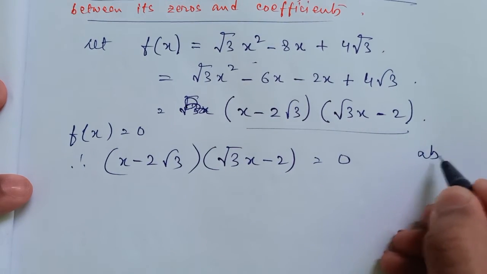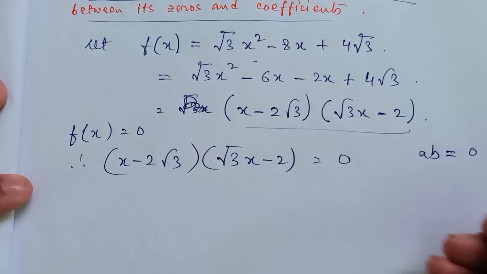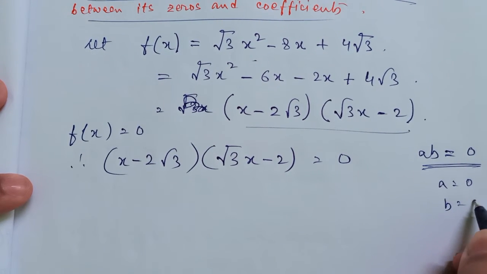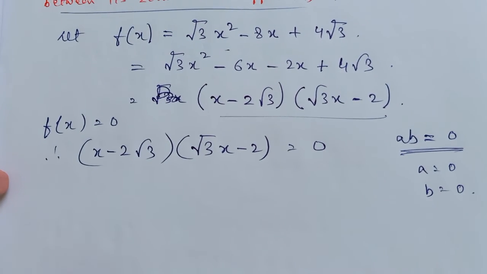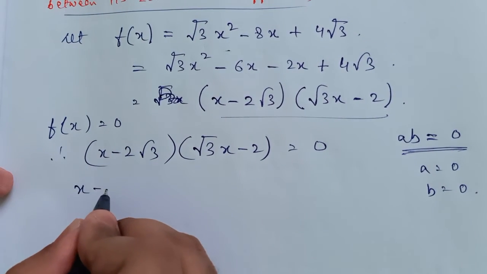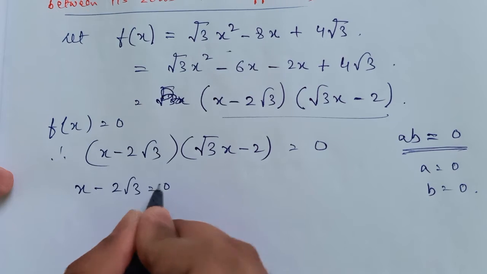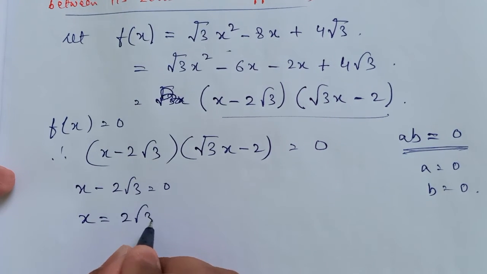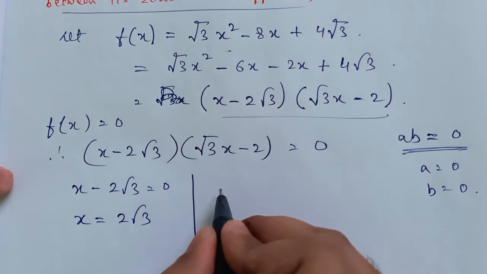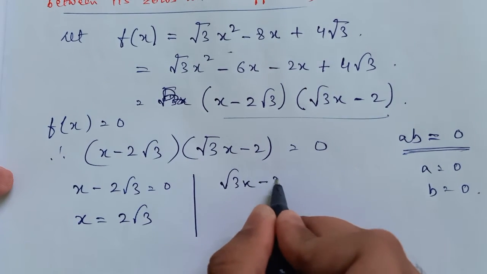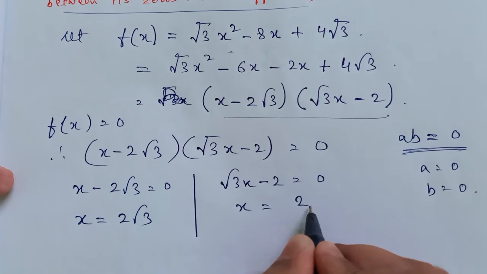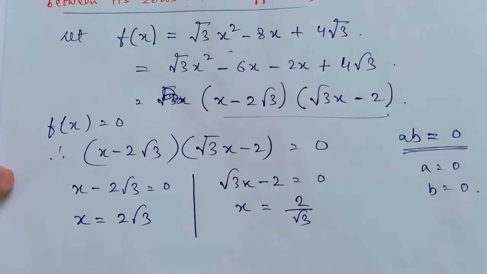And you already know the relation that if AB is equal to 0, then A is 0 or B is 0, right? So here x minus 2 root 3 is 0, and so you will get x equals 2 root 3, and also root 3 x minus 2 will be 0, so you will be getting x equals 2 upon root 3, right?